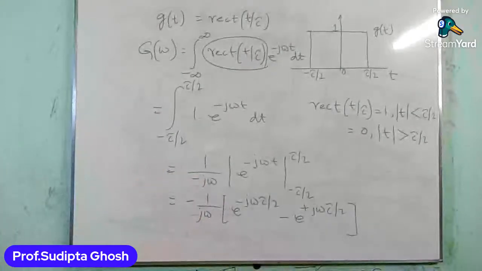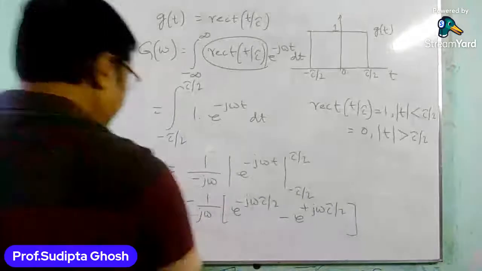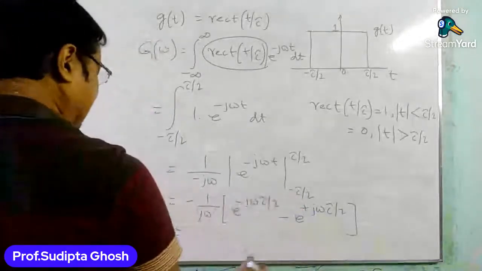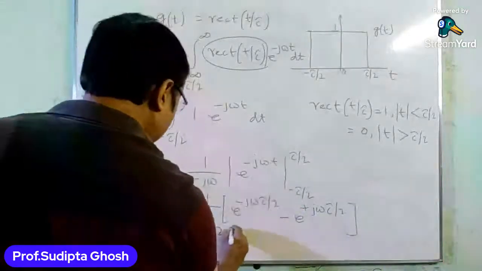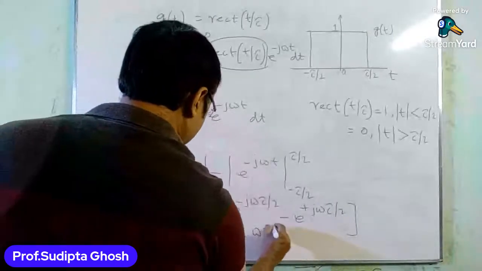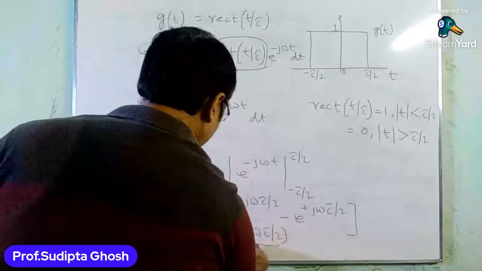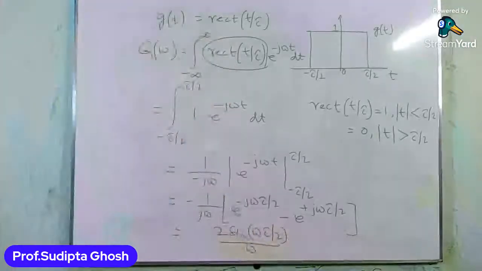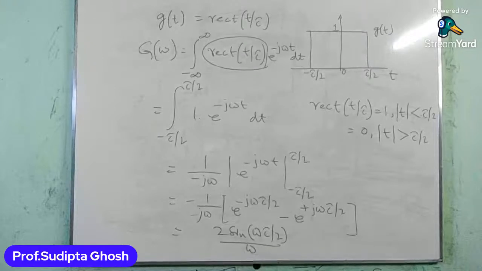So we have 2 sine, the j cancels, and we have 2 sin(ωτ/2) divided by ω. This is the Fourier transform of the rectangular pulse, rect(t/τ).